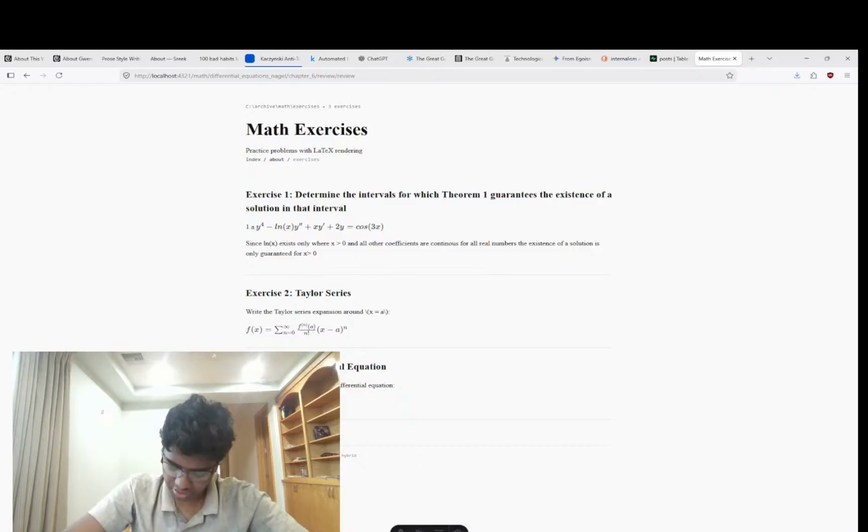So exercise 2 is to determine whether these given functions are linearly independent.